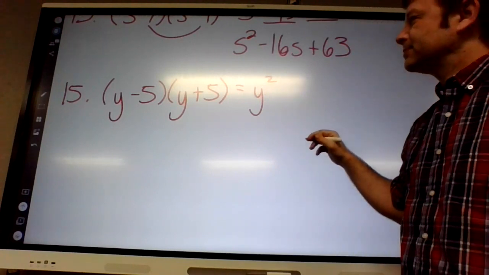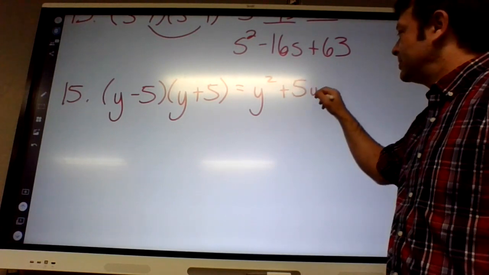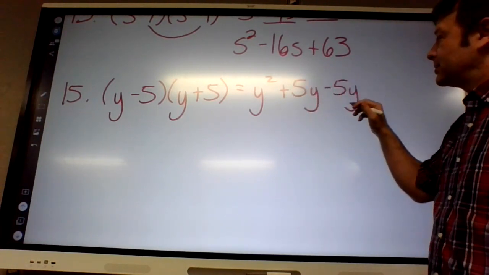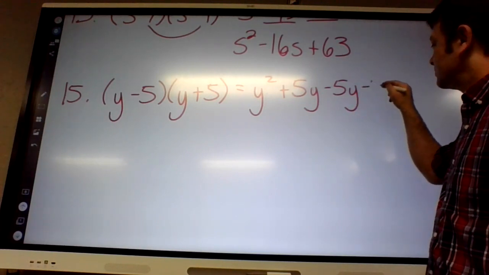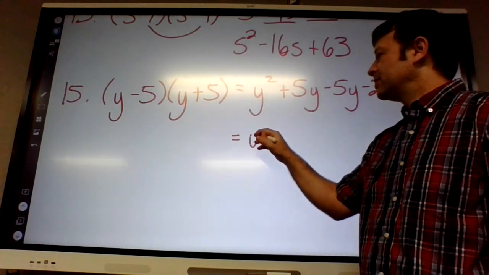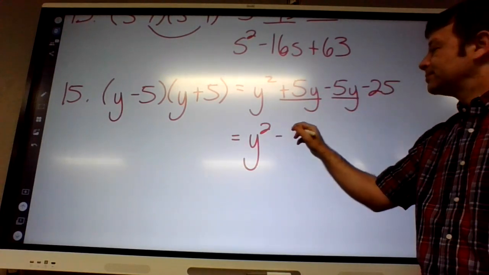Outside, y times 5, which is plus 5y. Inside, negative 5 times y, which is minus 5y. And last, negative 5 times 5 is minus 25. Okay, what's going to happen? The 5y's are going to cancel out, so it's just going to be y squared minus 25. Right.